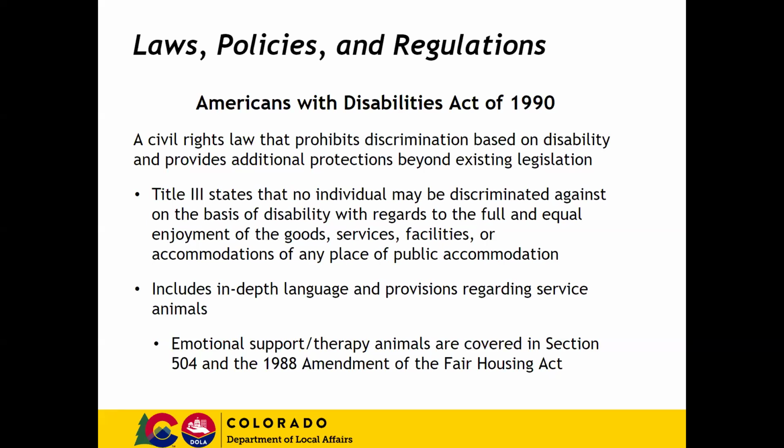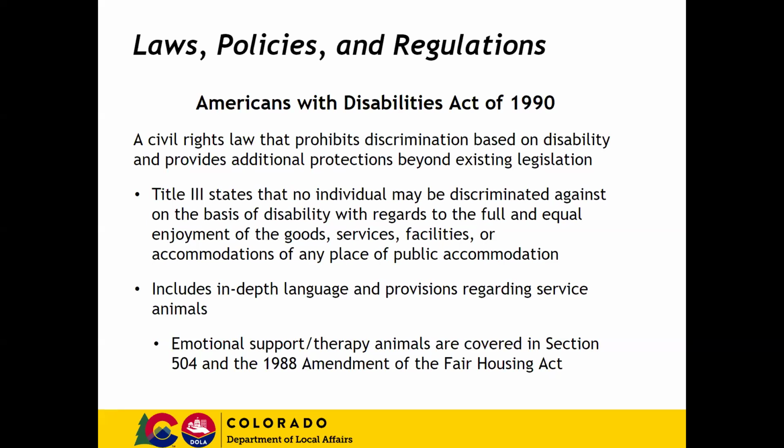In addition to that, the Americans with Disabilities Act does include in-depth language and provisions regarding service animals. But we do also have information regarding emotional support and therapy animals that is also covered in Section 504 and the amendment of the Fair Housing Act.